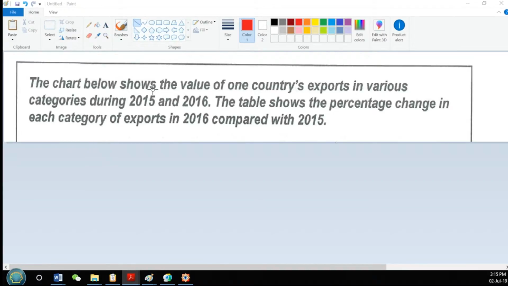Okay, so let's paraphrase some of the key words from this. So we've got the chart below. Don't copy the word below because the chart's not going to be below on your test paper. Shows the value, maybe value could be important.